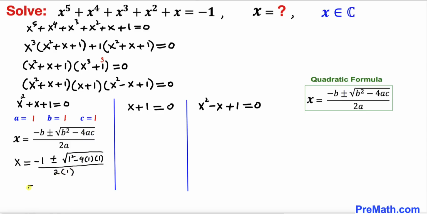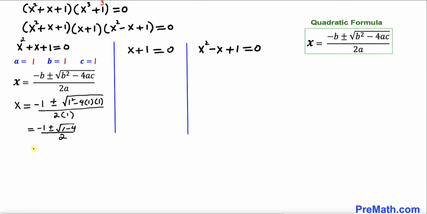That gives us -1 plus or minus the square root of 1 minus 4, divided by 2 times 1, which is 2. Simplifying furthermore, -1 plus or minus the square root of -3 divided by 2.